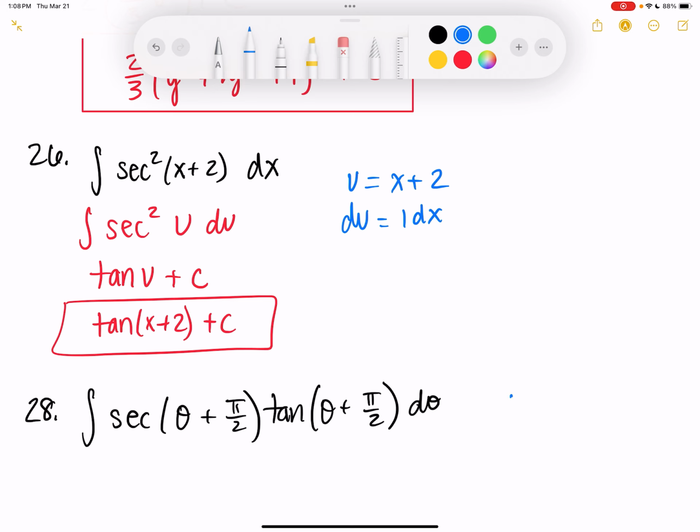So, what is u? I'm going to go with theta plus pi over 2. So then what would du be? What's the derivative of theta plus pi over 2?